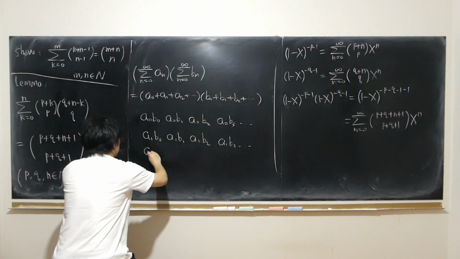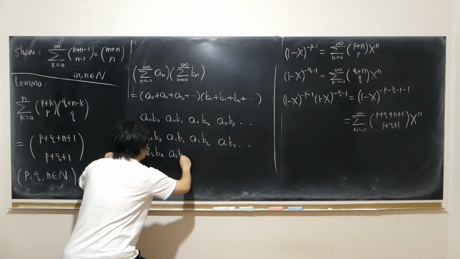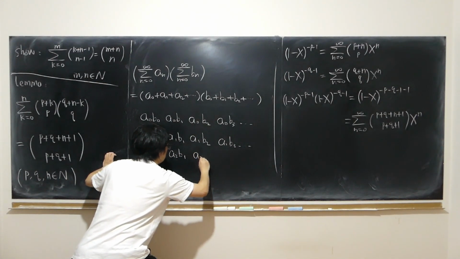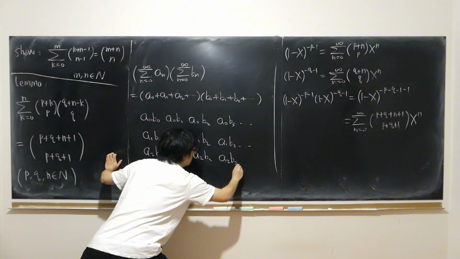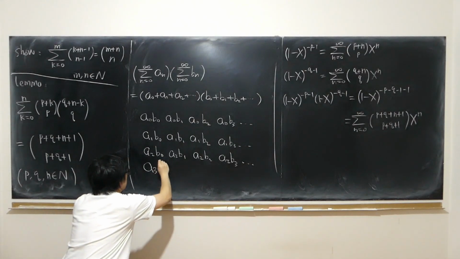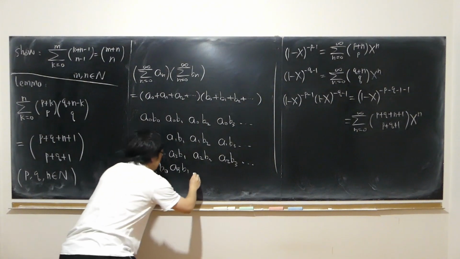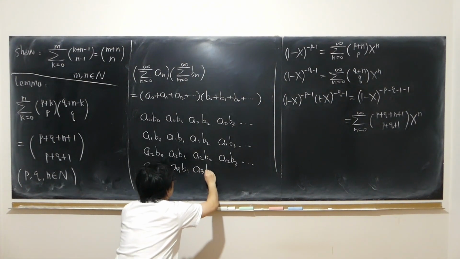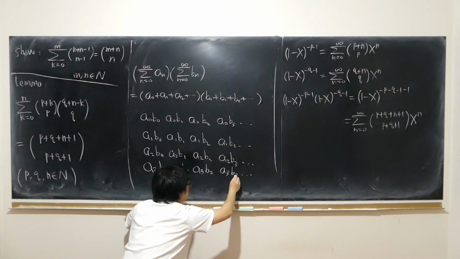A2 B naught, A2 B1, A2 B2, A2 B3. Then A3 B naught, A3 B1, A3 B2, A3 B3.